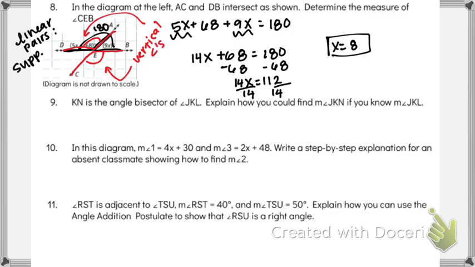Okay, so I'm going to go ahead and substitute it into that 5x plus 68. So 5x plus 68, that would be 108.